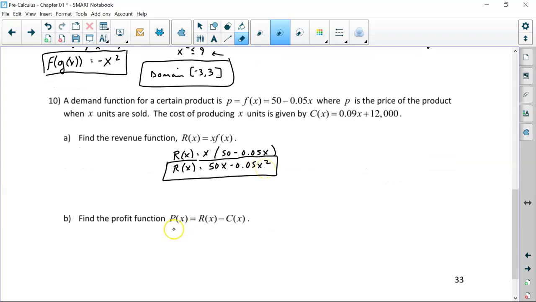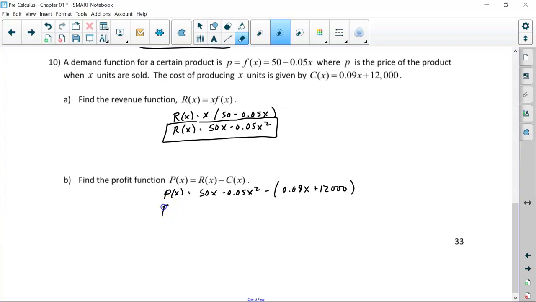Now the profit function is the revenue, r of x, minus the cost of x. The thing to be careful with here, p of x, the revenue function, 50x minus 0.05x squared, minus the quantity of 0.09x plus 12,000. Remember, be careful with your grouping symbols. Make sure you include them there. So it's 50x minus 0.05x squared.